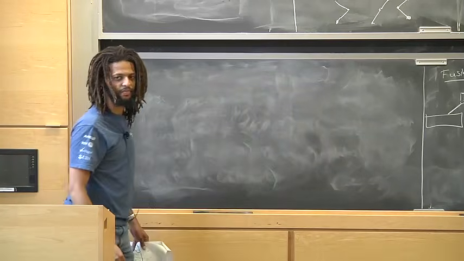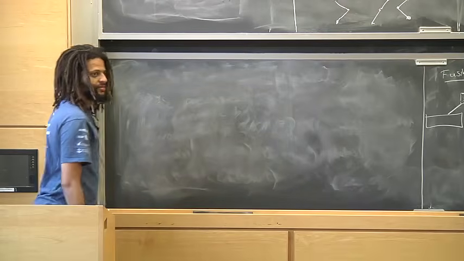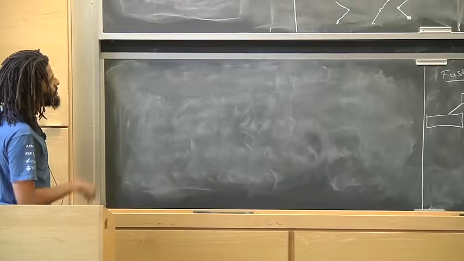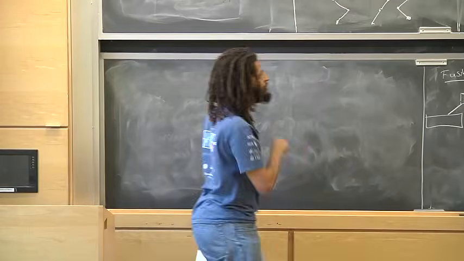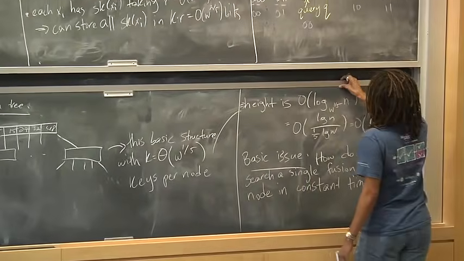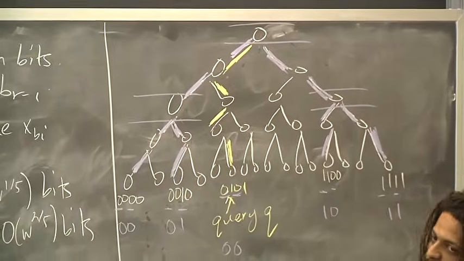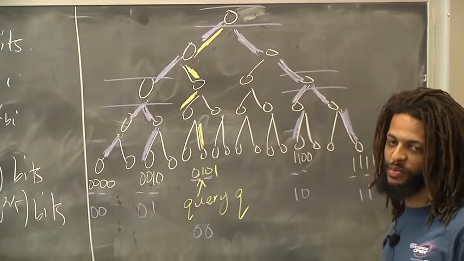Questions about anything so far? Okay. The insight here is to look at the first bit where things went wrong. What do I mean by the first bit where things went wrong?